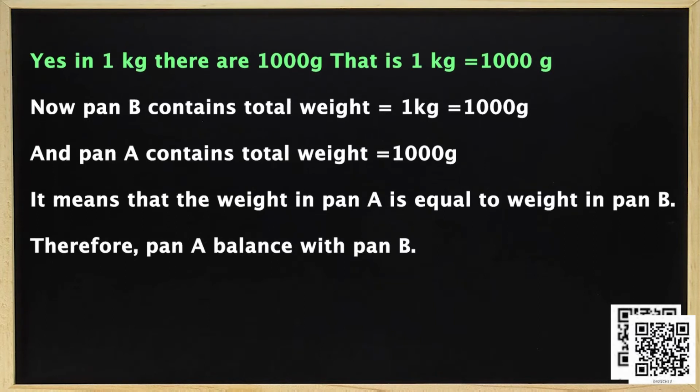Now, you tell me how many grams are there in 1 kilogram? Yes, in 1 kilogram there are 1000 grams. It means 1 kilogram is equal to 1000 gram. Now, pan B contains a total weight equal to 1 kilogram, that is equal to 1000 gram, and pan A contains a total weight equal to 1000 gram.